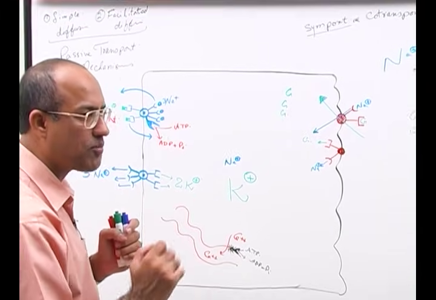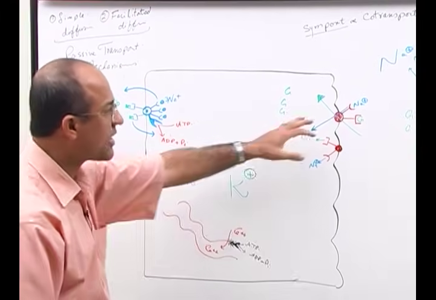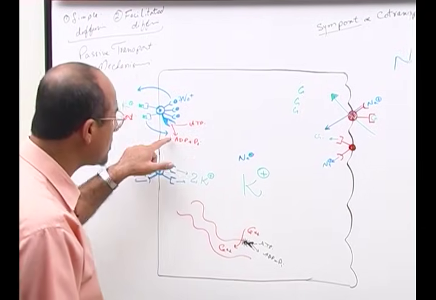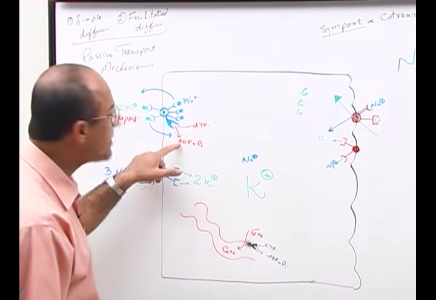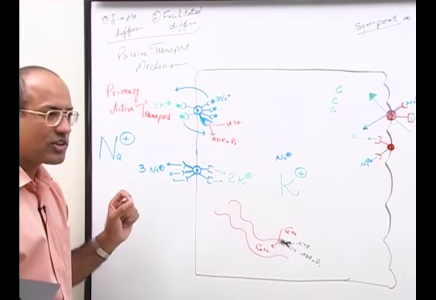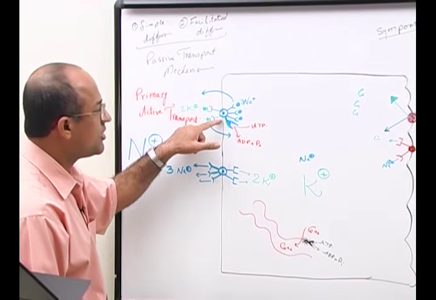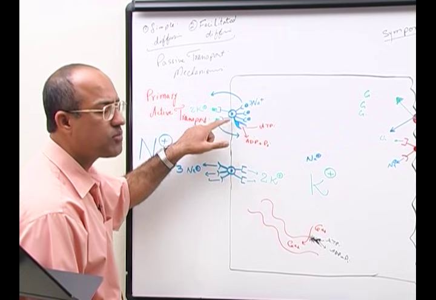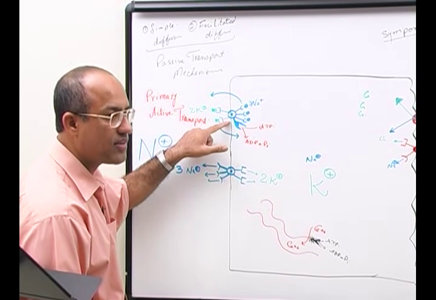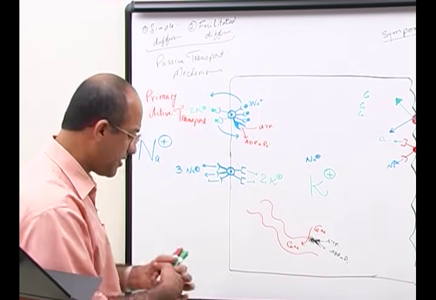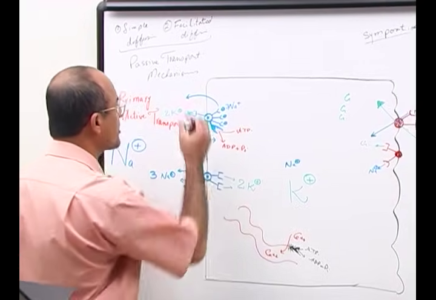The classical example to prove that this mechanism is using this energy is that scientists made this pump dysfunctional. There is a substance called ouabain, a toxic substance.